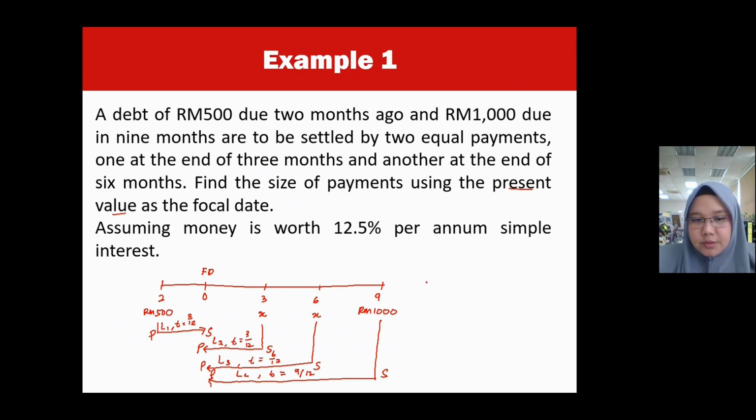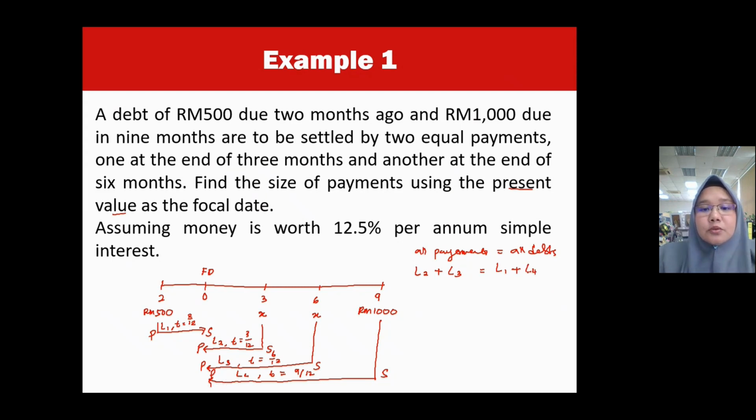So we make it an equation. Okay, so we know that the equation must be all payments must be equal to all debt. Right? So where is the payment? Payment is at the third and 6th month. So the third one represents line 2 plus line 3, equal to all debt: at 2 months ago, which is line 1, plus the 9th month due, line 4.